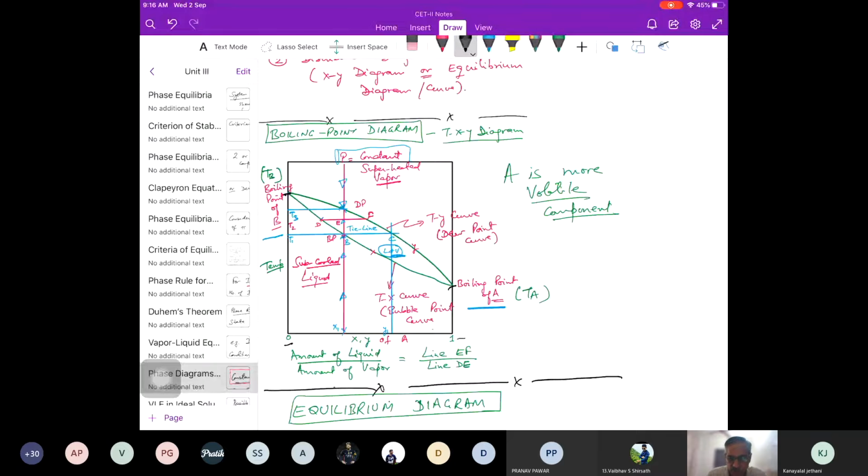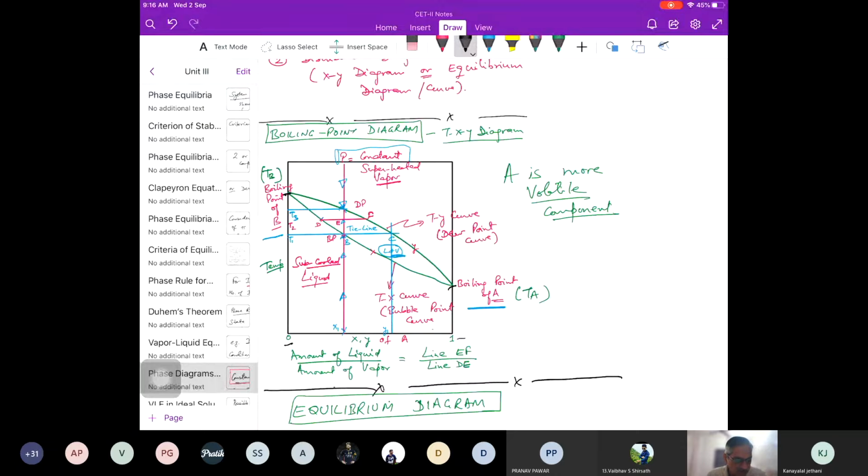TX means temperature versus mole fraction in the liquid phase. बबल पॉइंट पर it is all completely liquid. उसके पहले पूरा लिक्विड रहता है. बबल पॉइंट से बाद जैसे टेम्परेचर बढ़ते जाता है, वेपर्स बढ़ते जाता है.